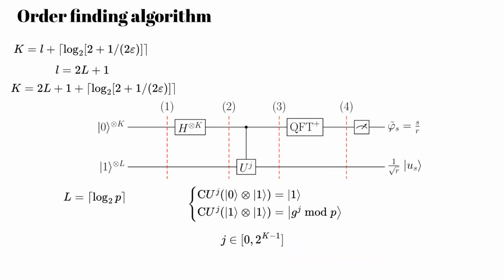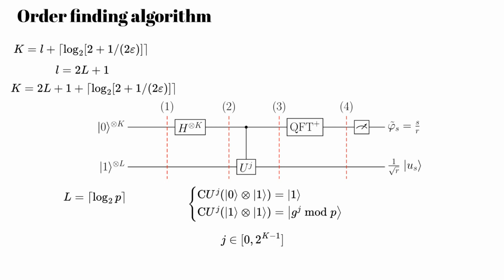With different power j, after the controlled U to the power of j gate, the state 1 will evolve into state g to the power of j modulo p. So by carefully tuning L, K, and epsilon, we can make this quantum order finding circuit highly accurate for solving the 1D discrete logarithm problem.